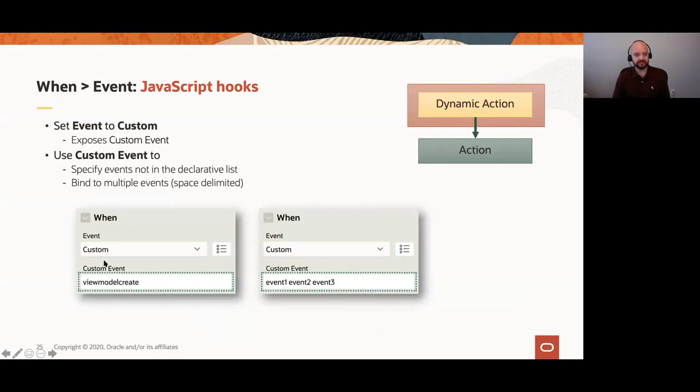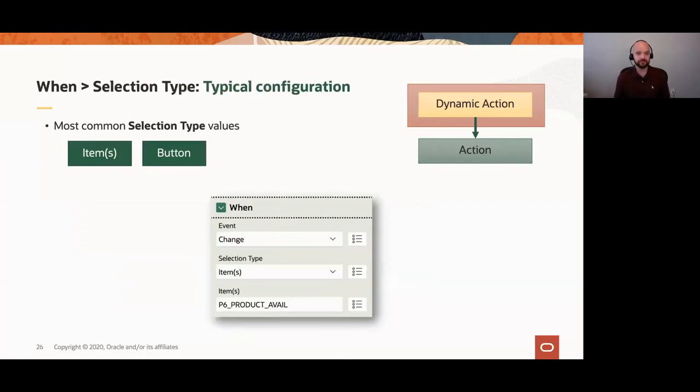You select custom, it exposes a custom event field. You can type in the name of any event that you want. A lot of people don't know this. You can actually do a space delimited list of event names and actually bind to multiple events at once. That's pretty cool.